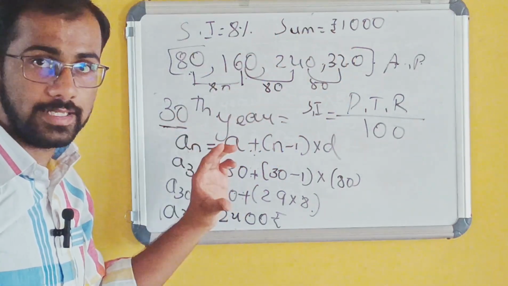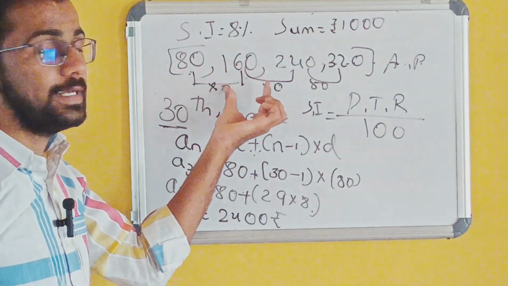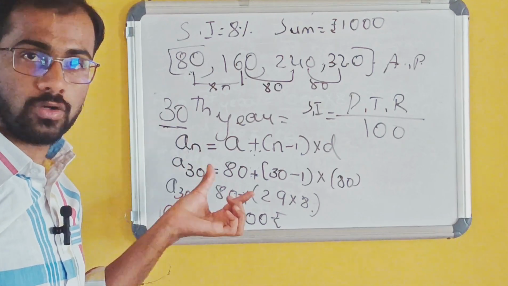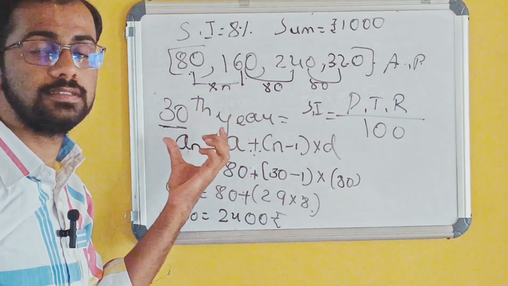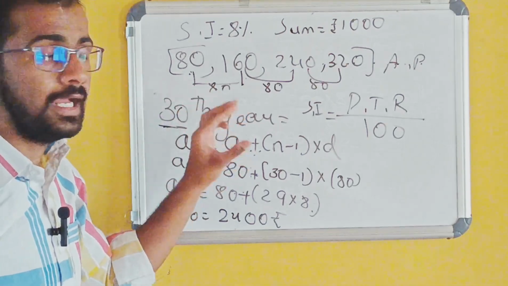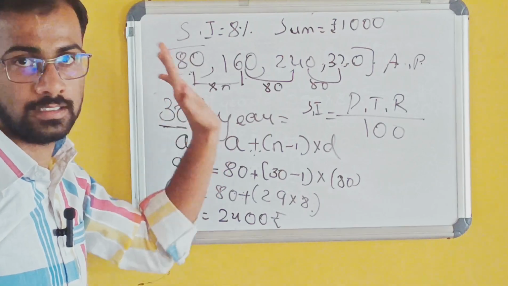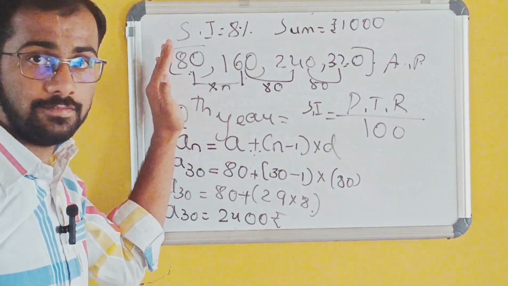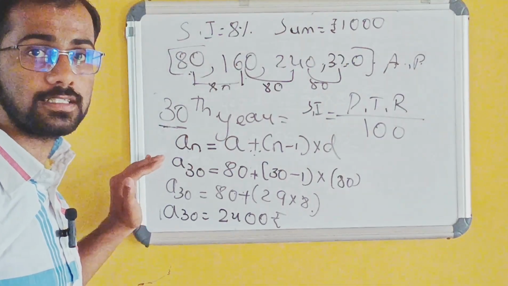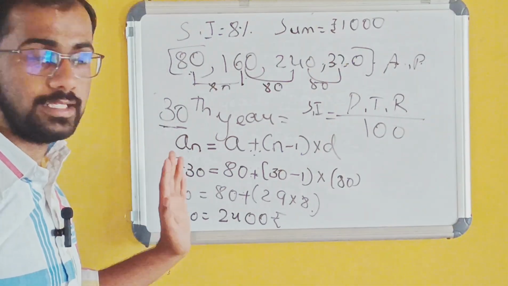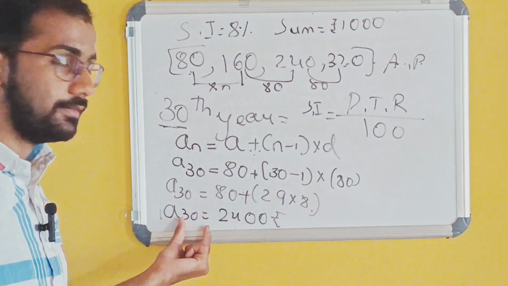After getting the sequence, we have checked whether the sequence is in arithmetic progression or not. Since the difference is the same, since the difference is fixed, hence this sequence is in arithmetic progression. That is second step. If this is arithmetic progression, then we need to calculate the simple interest at the 30th year. That I have solved here.